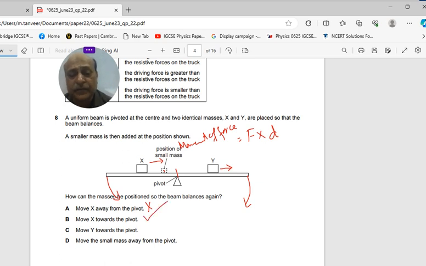Move Y towards the pivot. If it were move Y away from the pivot, that would be correct, but here it is towards the pivot, so that is wrong. Move the smaller mass away from the pivot. If you move it away, you are increasing the distance and the moment of force, so this is also wrong. So your option B is correct.